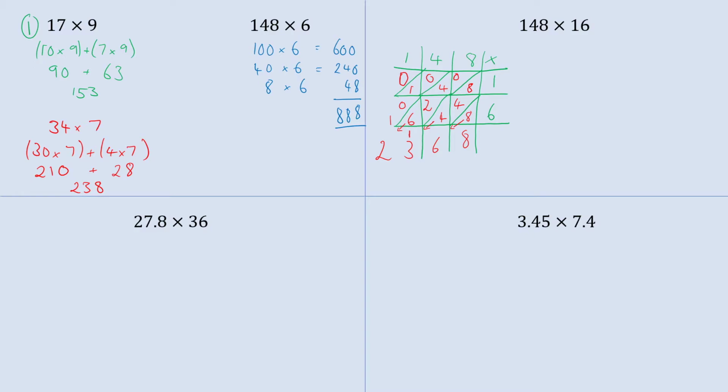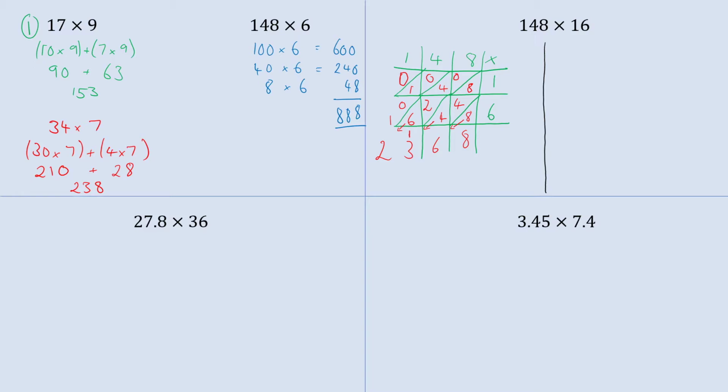Now, that's not to say that that's the only method of doing things. I will see students using column method as the kind of preferred way of teaching multiplication in primary school. I will see students doing grid multiplication as well, because that links in nicely with doing algebraic expansions as well.